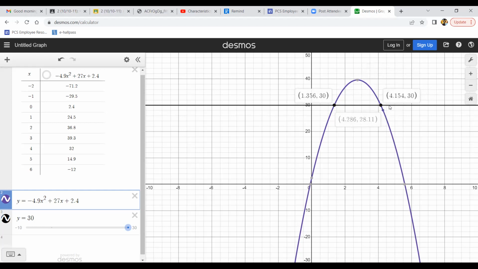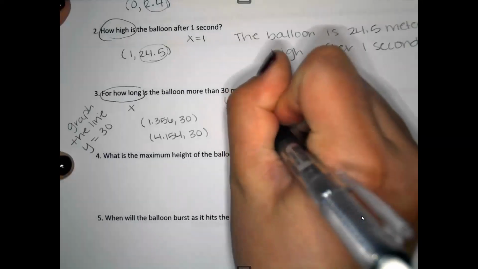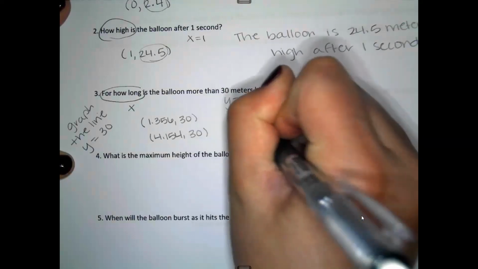So how could we calculate the amount of time that it was more than 30 meters high? We want to see when it started being 30 meters high and when it ended. We're going to subtract those times, and then we'll know for how long it was above 30 meters. So let's go back to the numbers we wrote on our paper and subtract them: 4.154 minus 1.356.